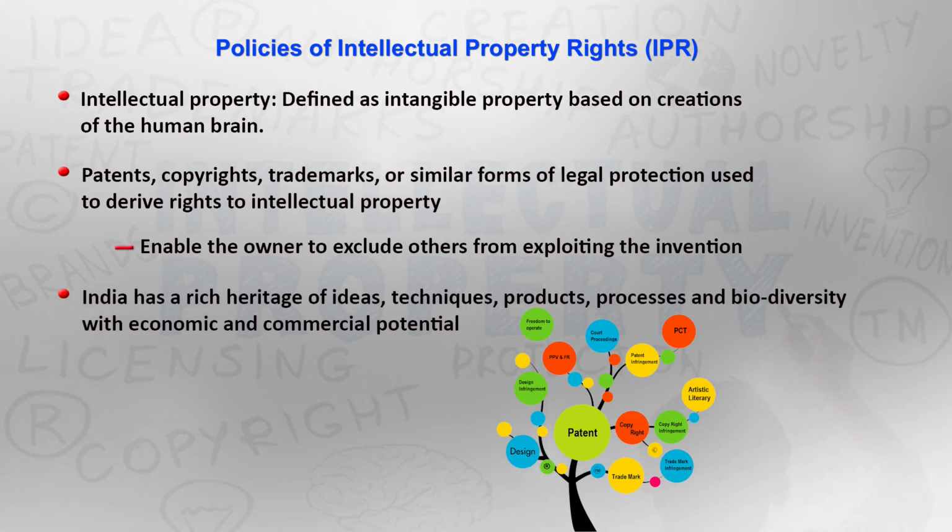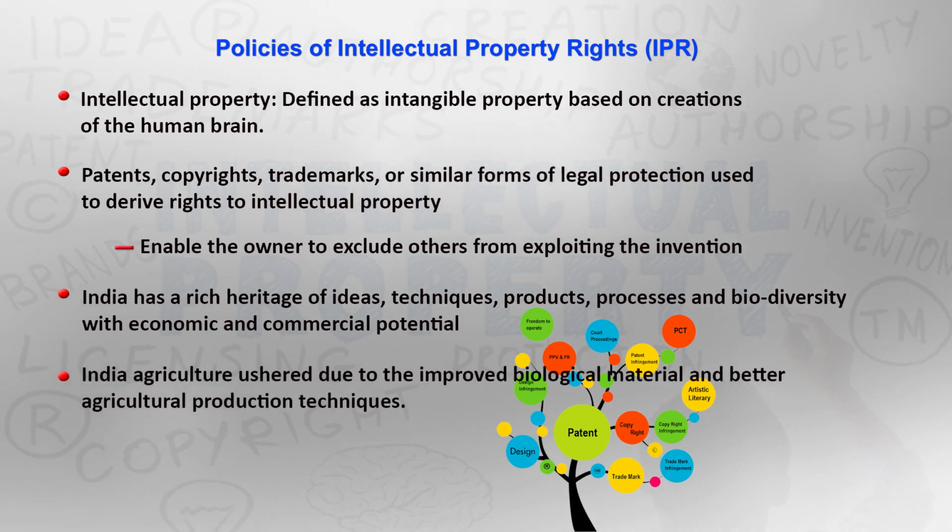And India has a rich heritage of ideas and techniques, products, processes and biodiversity which have economic and commercial potential. So we need to protect this heritage of ideas and resources, and actually Indian agriculture has benefited from improved biological materials and better agriculture production techniques.